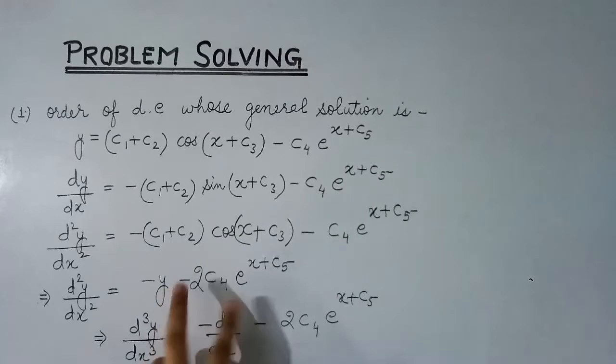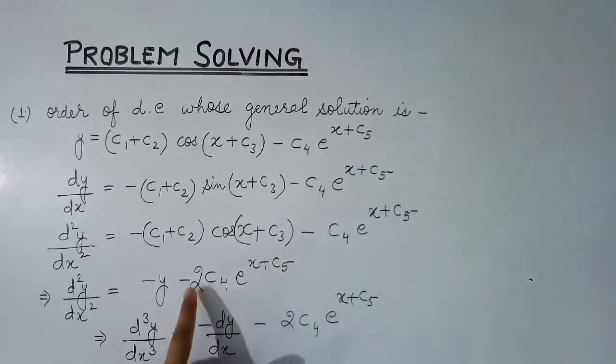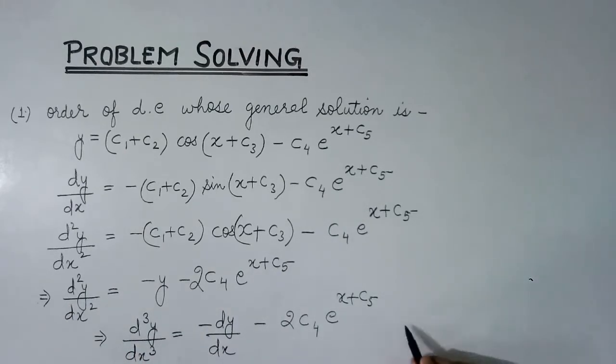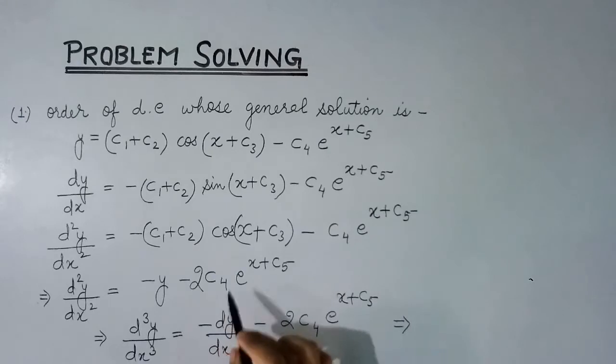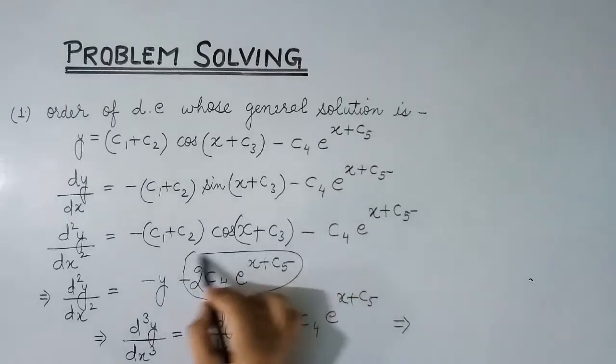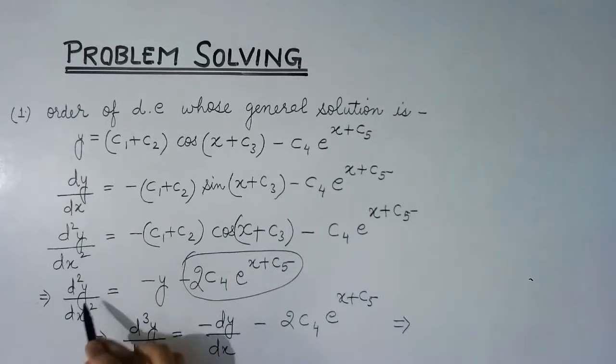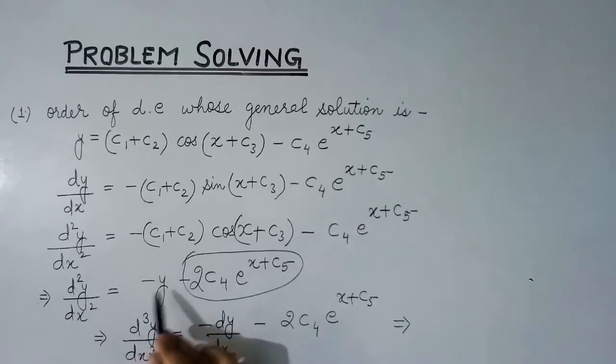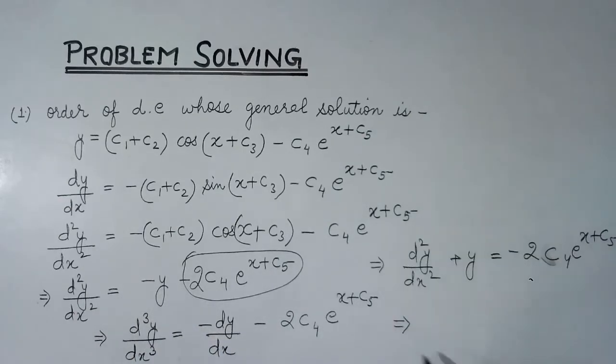See here that we can find out the value of this term from this equation and we can put it in this equation. So from here the value of this term is d2y upon dx square plus y. Now put this value in the next equation.